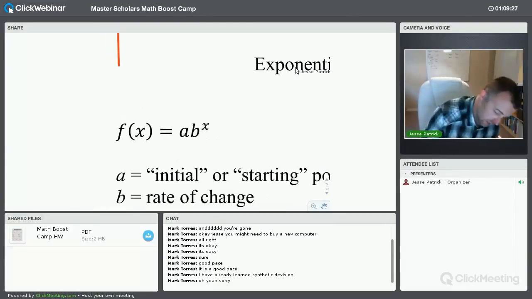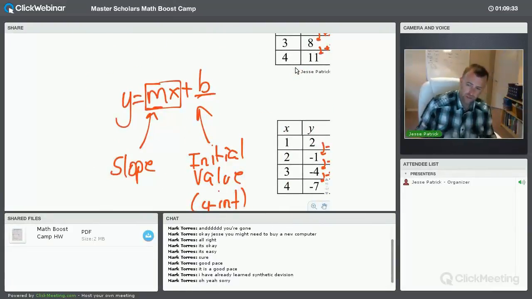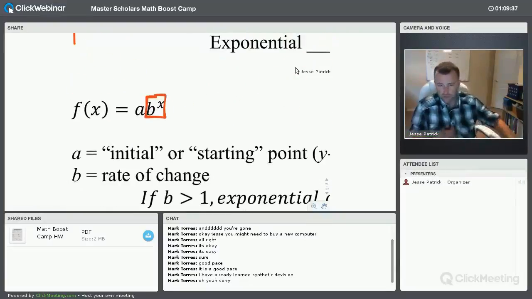B is a number. Notice B is connected to x, just in a different way. See over here, your slope or your rate is connected to x. Well, in this case, your b, the base of your exponent, is connected to x. So it represents your rate of change. Okay. The other term is that y-intercept, or that initial value.